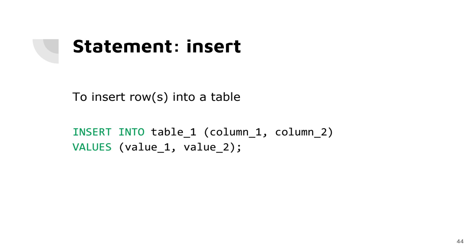So with insert, you define the table name, then the columns you want to specify values for. It can be a subset of the columns, and then other columns get default value or null, a special value meaning that the value is unknown, and then you specify the values.